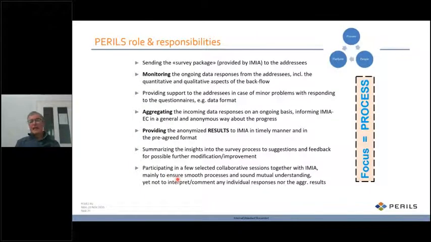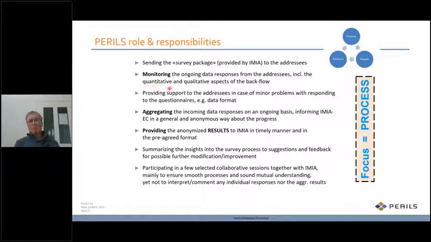Now we go to the next slide where we see Perils' role and responsibilities. So Perils now sends out the survey package to the addressees and immediately starts monitoring the ongoing data responses from the addressees, and looks also at both quantitative and qualitative aspects of the backflow.